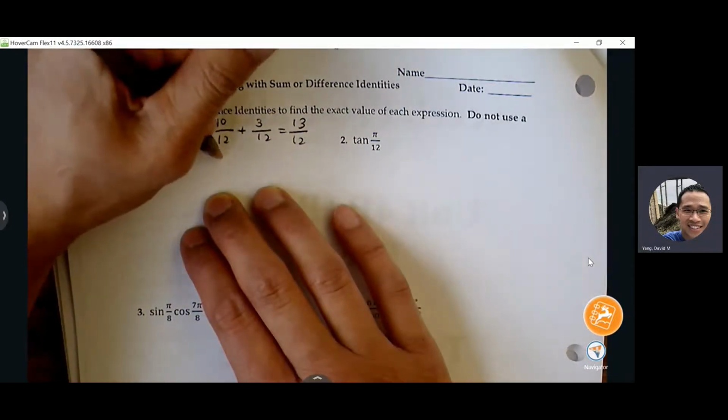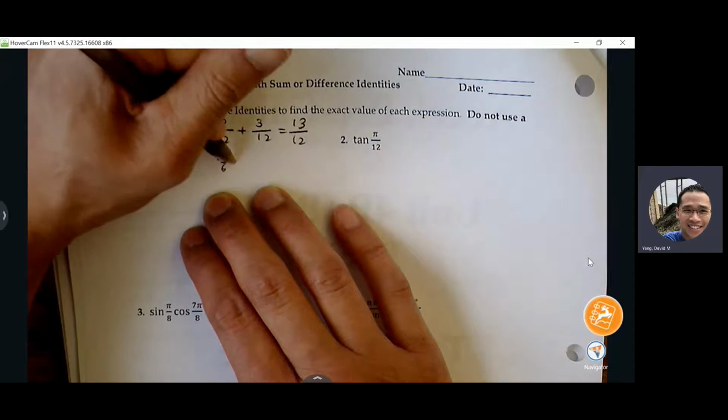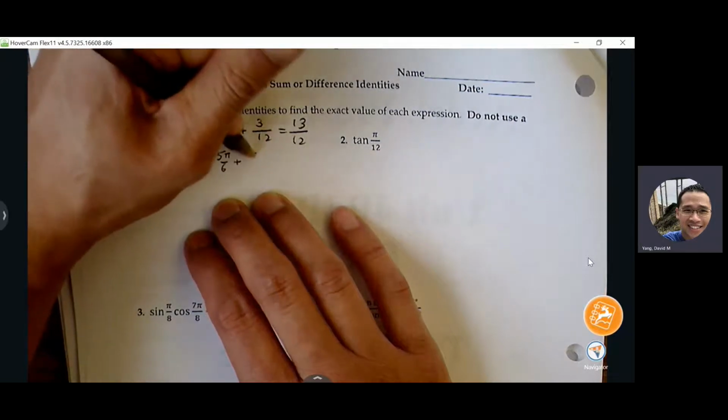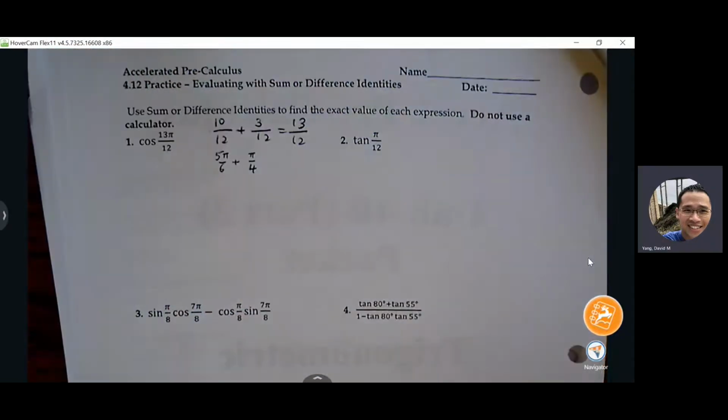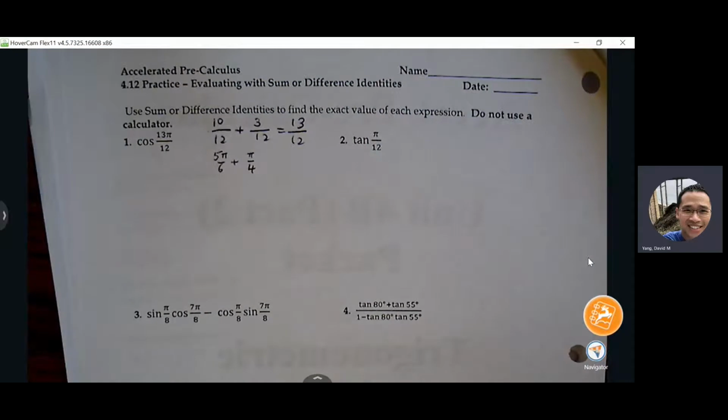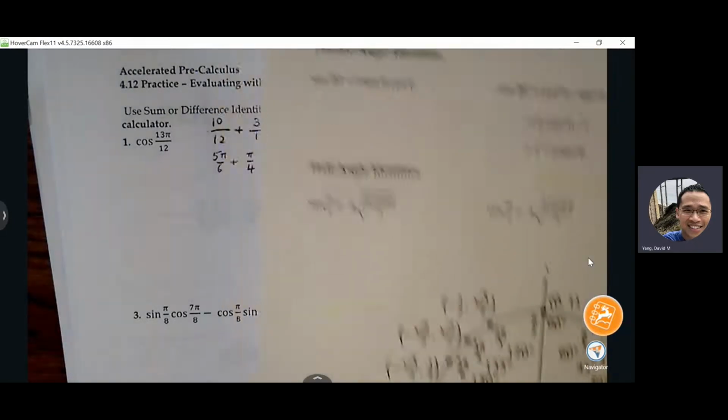So I can think of this as 5π/6 plus π/4. Okay. Are you guys in agreement there? Yeah. All right, 10/12 plus 3/12 equals 13/12. 10/12 and 3/12, 5π/6 and π/4, they show up on our unit circle.